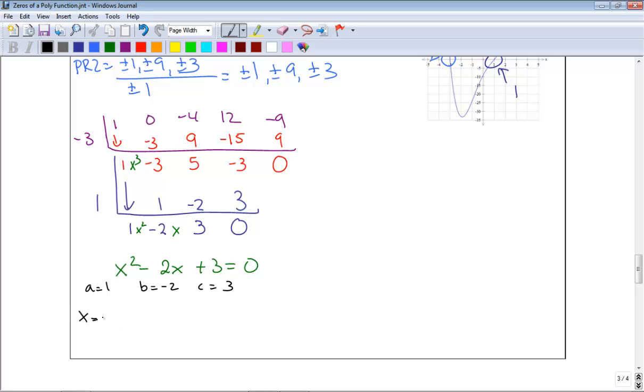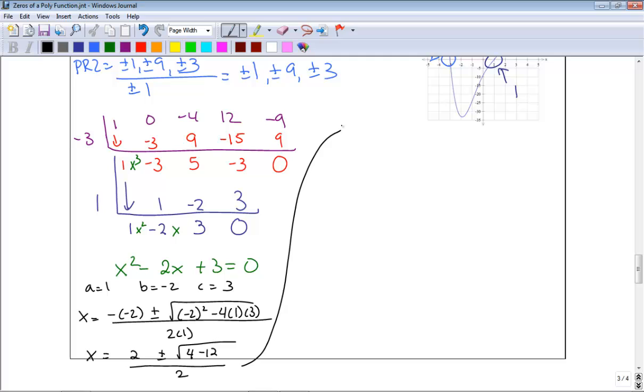Plugging in, I get x is equal to the negative of negative 2 plus or minus the square root of negative 2 squared minus 4 times 1 times 3, all over 2 times 1. So x is equal to 2 plus or minus the square root of 4 minus 12, all over 2. Moving up here, x would equal 2 plus or minus the square root of negative 8, all over 2.